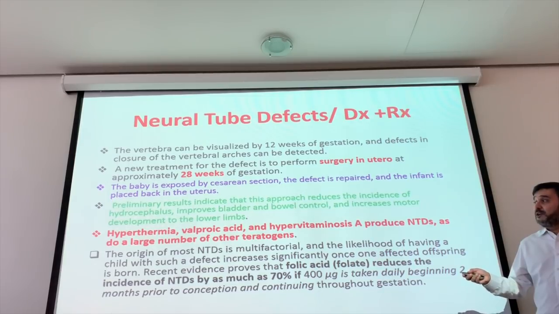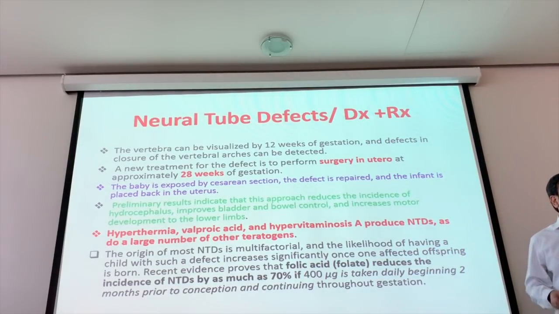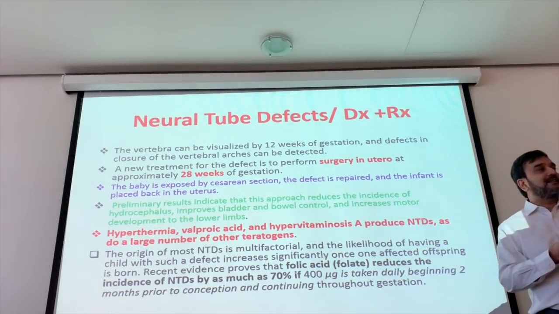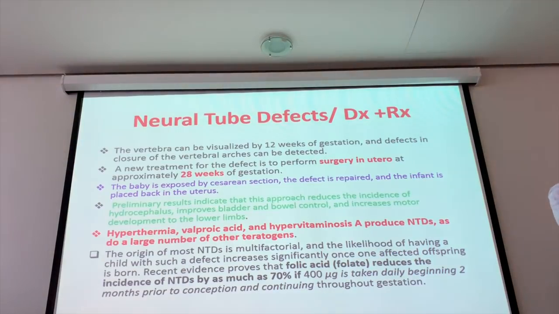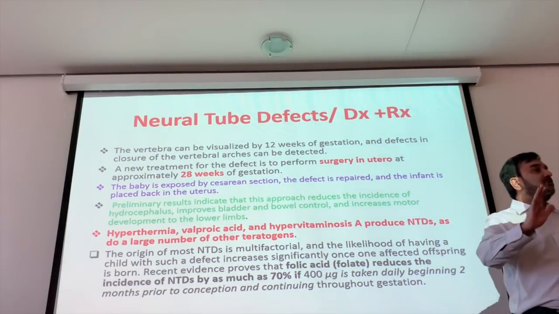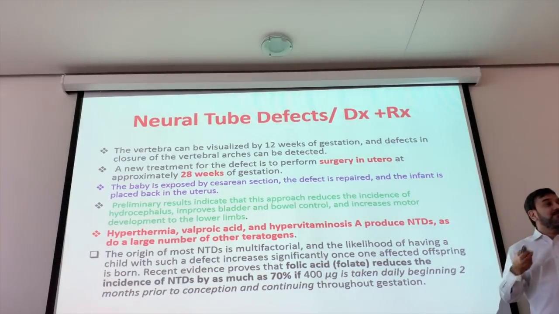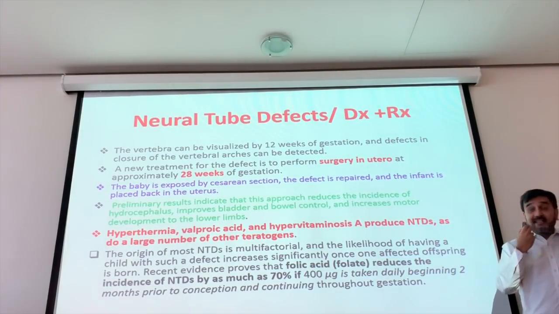Hyperthermia, valproic acid, and hypervitaminosis A produce the NTDs. That means women who are taking retinoic acid for acne, if they are planning to become pregnant, should stop taking any retinoic acid, which is vitamin A, for curing the acne.